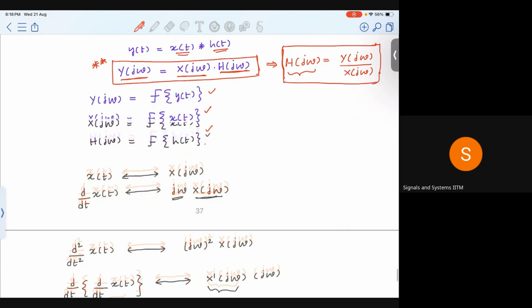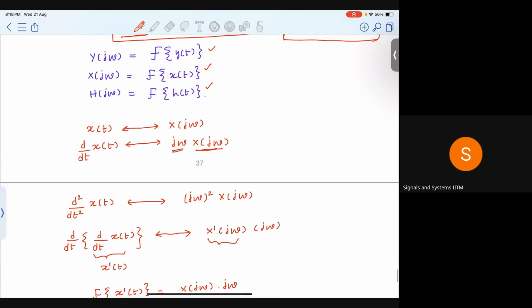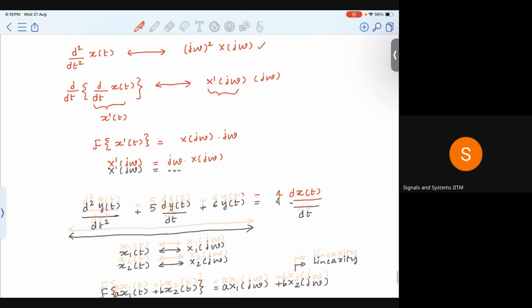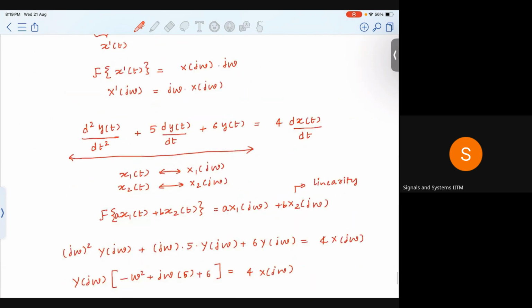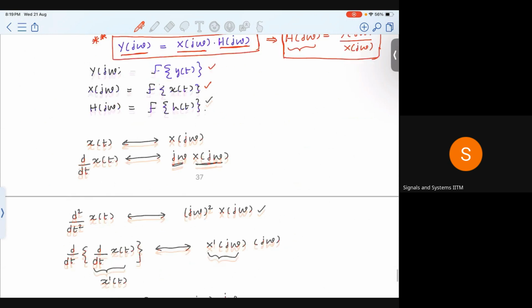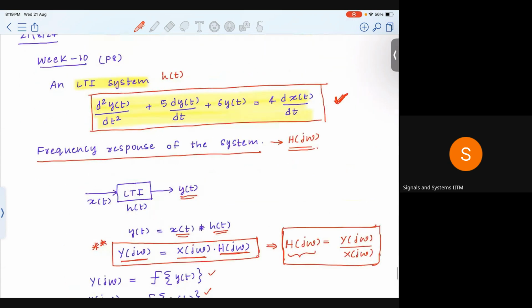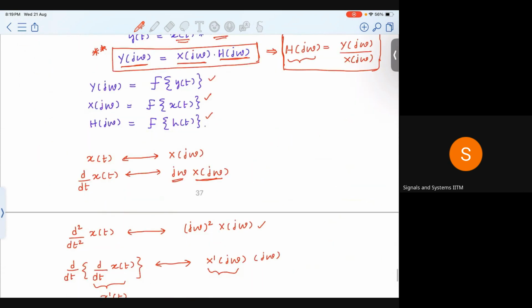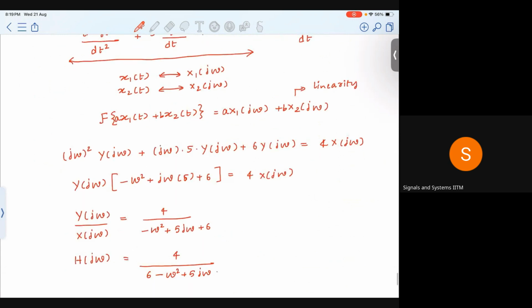We also know that the Fourier transform is linear, and because of that, we write the given input-output ordinary differential equation in terms of Fourier transform representations, because this is simpler to solve.